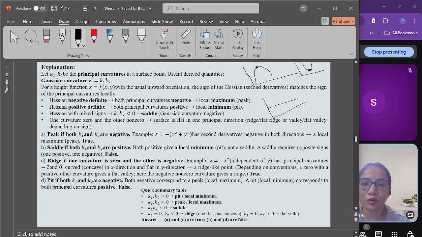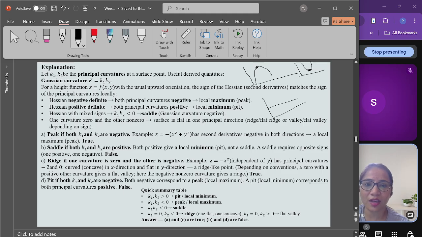Option A: peak if both K1 and K2 are negative. If you see the example of the function minus of x square plus y square, it has a negative second derivative in both directions, so that will produce a local maxima. That is true. Option B: saddle if both K1 and K2 are positive. This one is false.